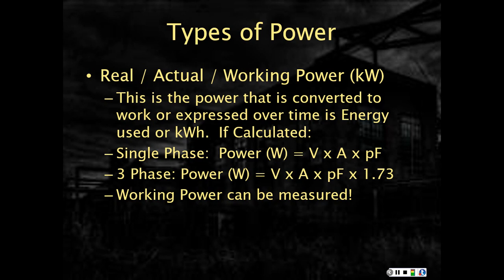If it's calculated in a single-phase system, power, or W, is volts times amps times power factor. In a 3-phase system, power, or W, is volts times amps times power factor, similar to single phase, times 1.73. It's important to realize that this type of power, the one that's actually converted to work in a building, can be measured with a meter.